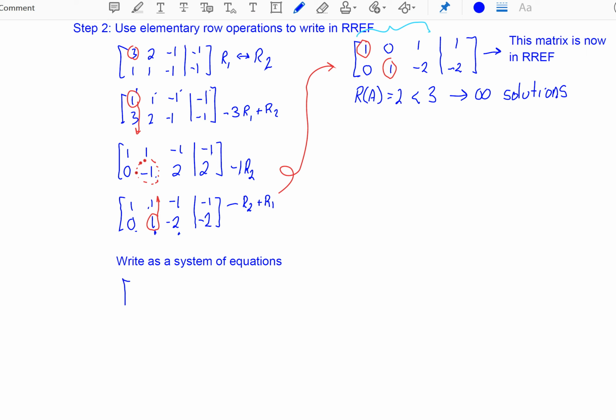I'll rewrite this as a matrix equation. So I'll take my augmented matrix with entries 1, 0, 1, 0, 1, negative 2. We'll reinsert our vector of variables, x, y, z. And then the right-hand side, 1, negative 2.